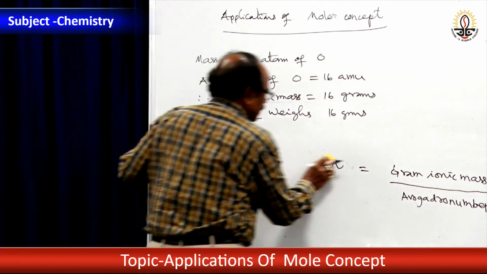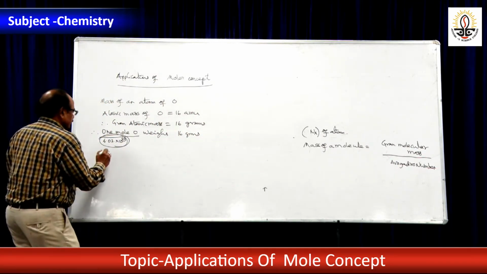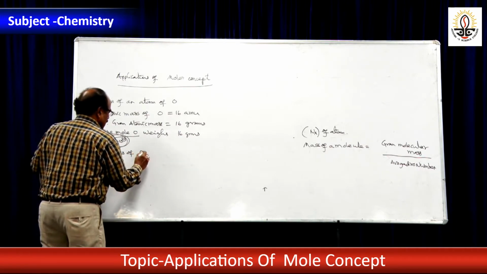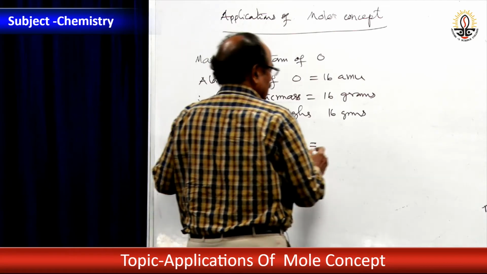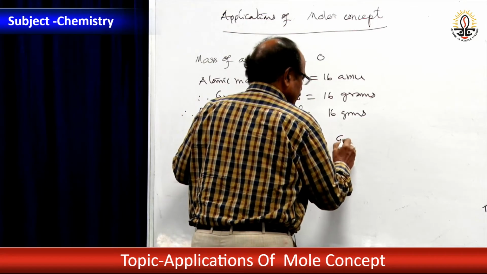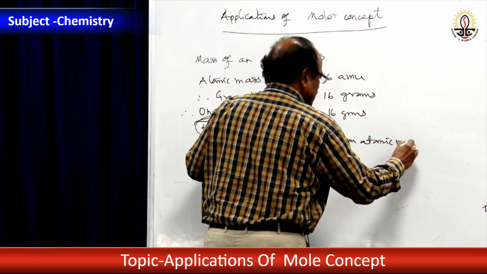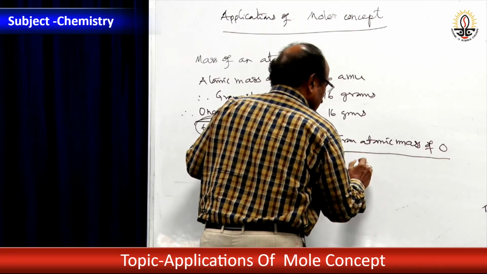Therefore, we are now calculating the mass of an oxygen atom. The mass of an oxygen atom will be equal to the gram atomic mass of oxygen by Avogadro number.